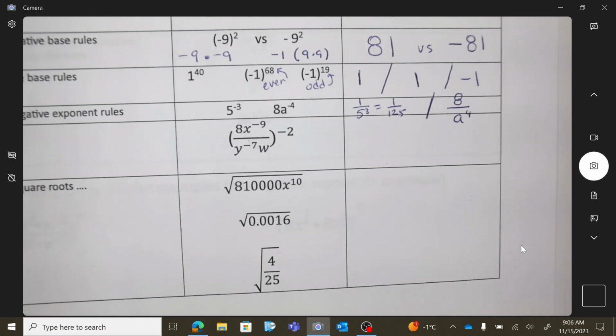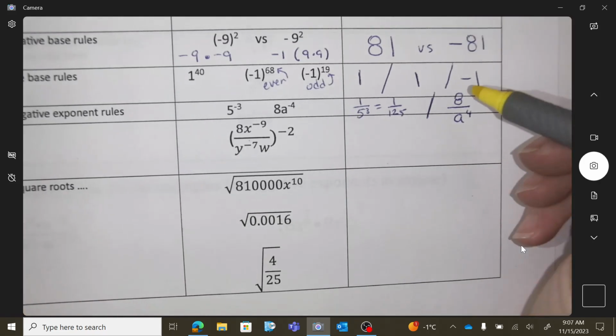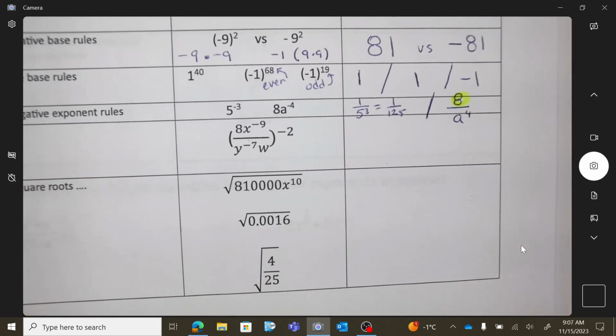No, so it doesn't move. The negative 4 is only applying to the A, so that's the only thing that's moving, okay? Do you see that? That would have tricked some of you. I'm sure some of you would have tried to move the 8 with that, but it doesn't, okay? So if you need to star that because you got tricked, make sure you star that.